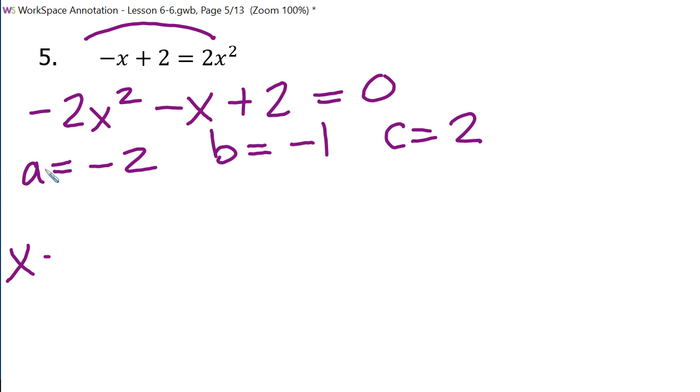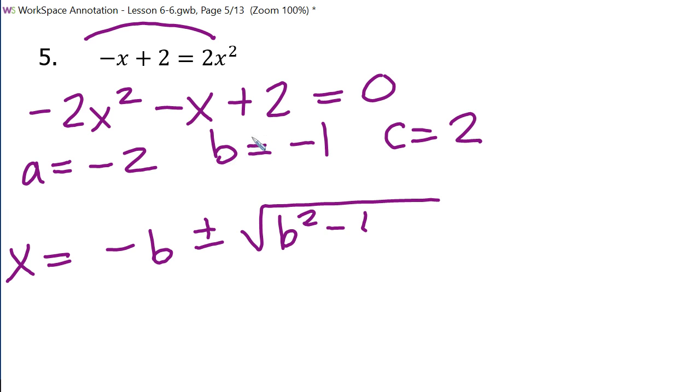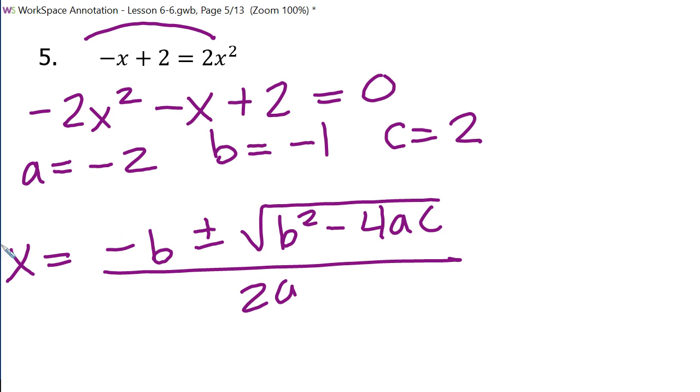So x equals -b plus or minus square root of b squared minus 4ac divided by 2a. What does -b mean? Opposite. So if b is -1, what's the opposite of -1? +1. Plus or minus square root.